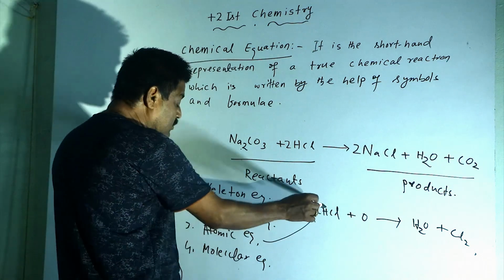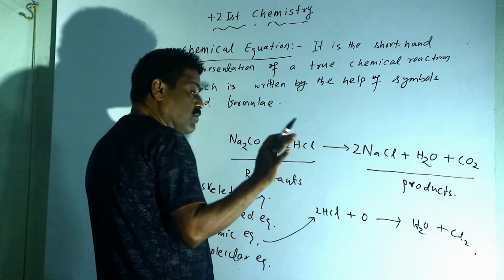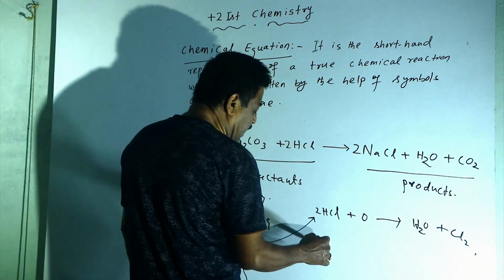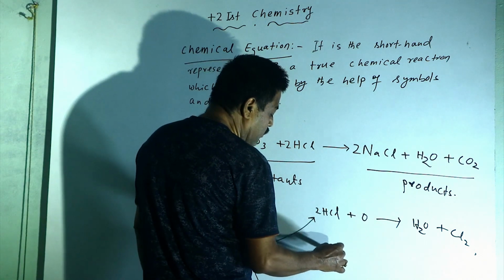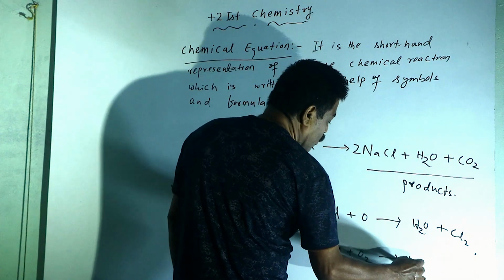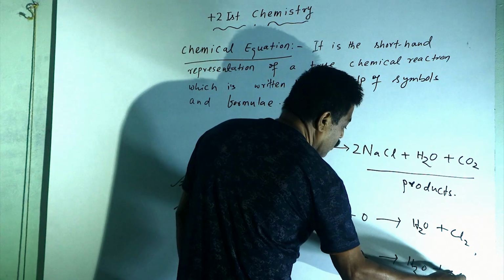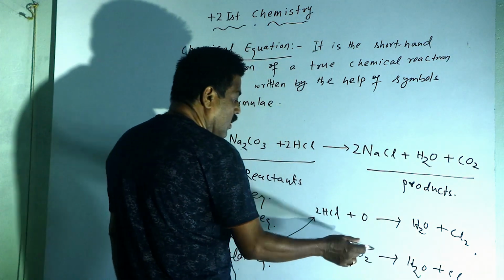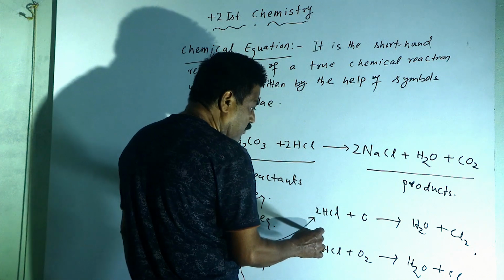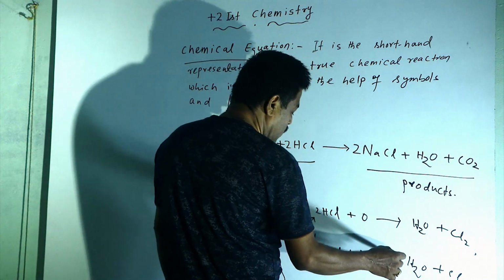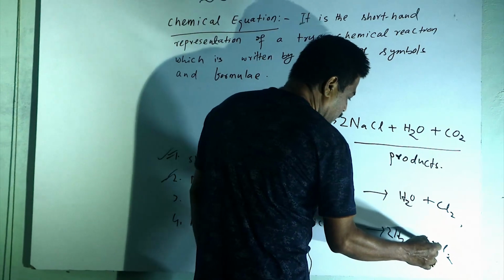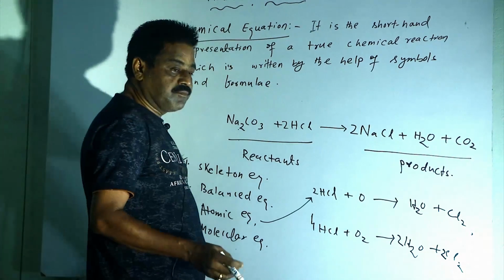When this equation is again made into molecular form, then we call it a molecular equation. Like HCl plus oxygen, you can write H2O plus Cl2. This is a molecular equation, but you have to balance it, means here you have to give 4 for HCl, 2 for water and 2 for chlorine to balance it.